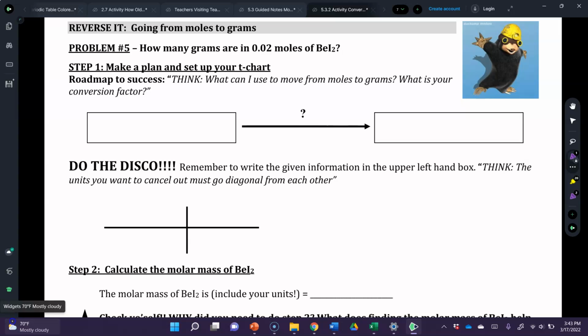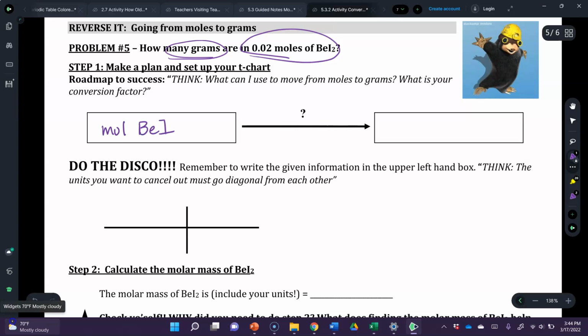How many grams are in 0.02 moles of beryllium iodide? So this is our given, and this is where we want to go. I am given moles of beryllium iodide, and we are going to find grams of beryllium iodide.